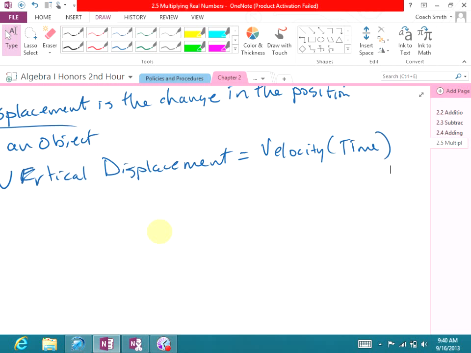Now, velocity can be negative or positive. If velocity is negative, that means you're going in a downward motion. If velocity is positive, then that means you're going in a positive direction. So that's how you tell the difference between the two.